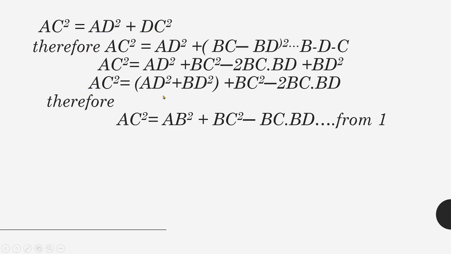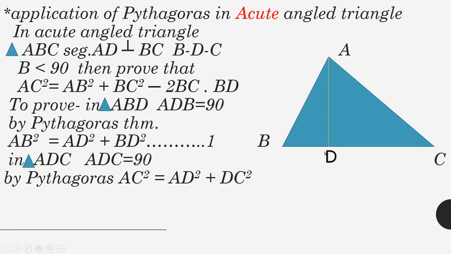Again, you see in the diagram, segment DC is equal to whole segment BC minus BD.